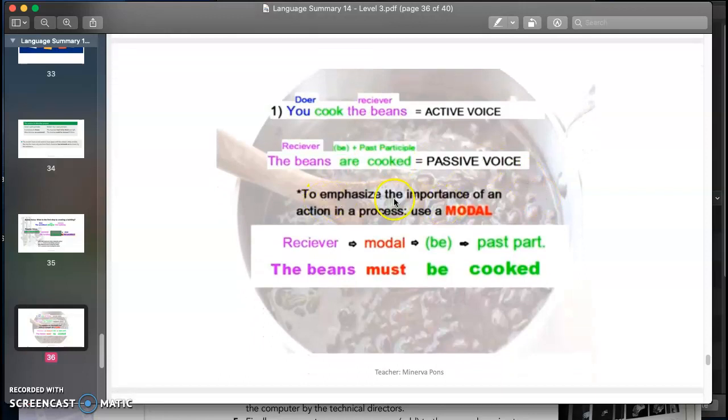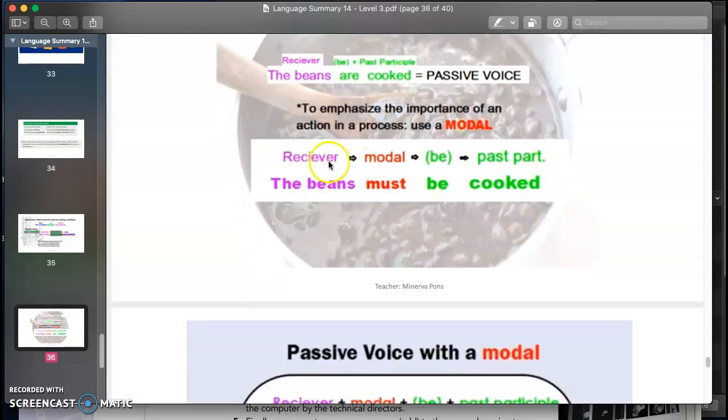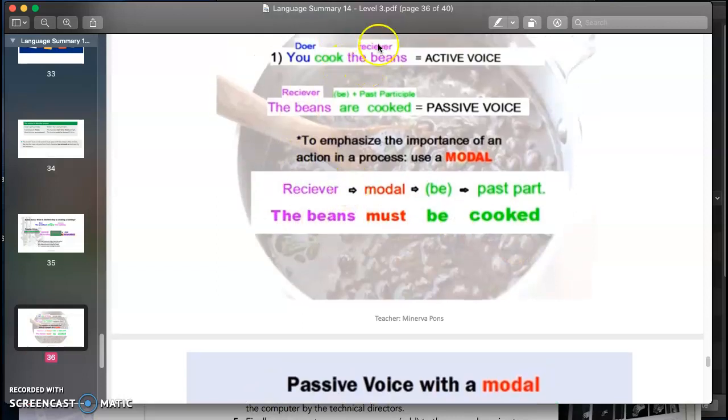To emphasize the importance of an action in a process, we use a modal verb. So we use the receiver, again the beans, and then we can use a modal: the beans must be cooked.